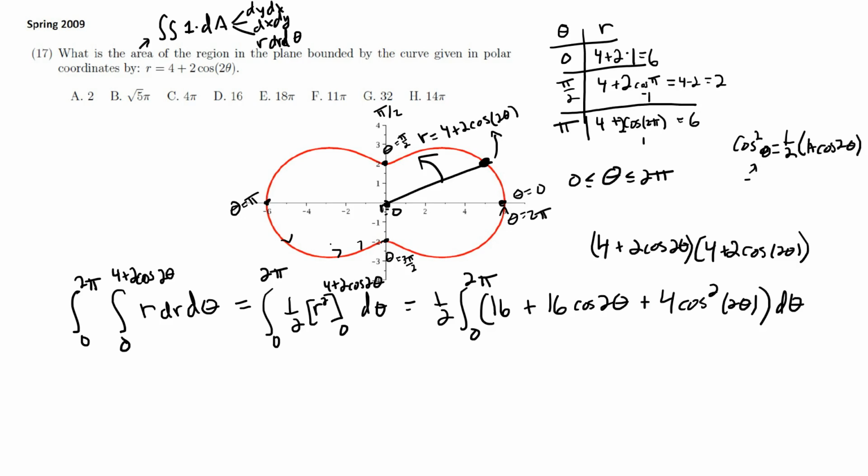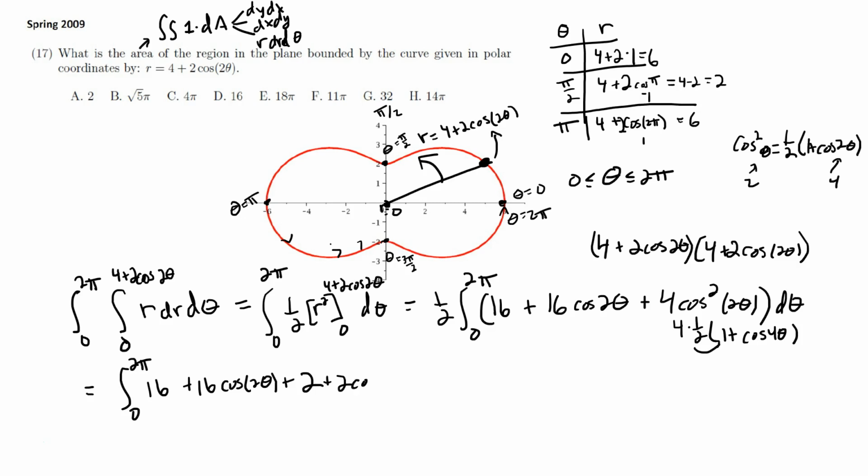So if you put a 2 in here, then you'll have to put a 4 in there. So we are looking at the integral from 0 to 2 pi of 16 times the cosine of twice theta, and then with the formula of 1/2 times 1 plus the cosine of 4 theta, we'll have a 2 from distributing here, and then a 2 cosine 4 theta from distributing the other one.